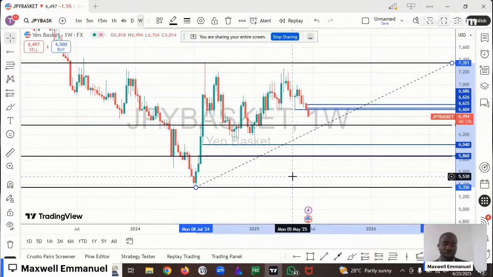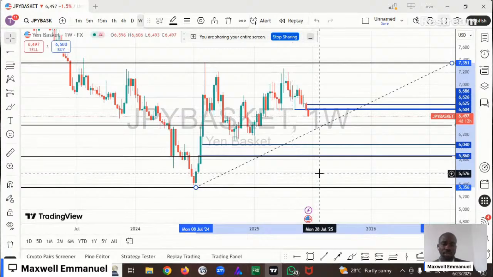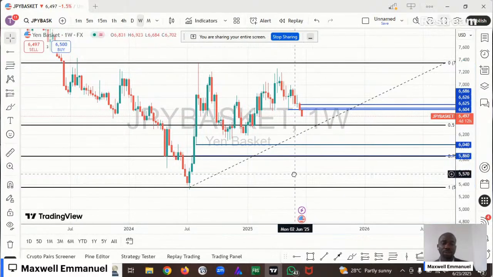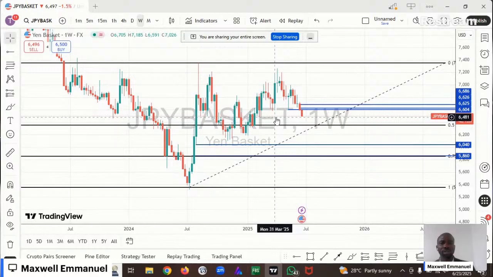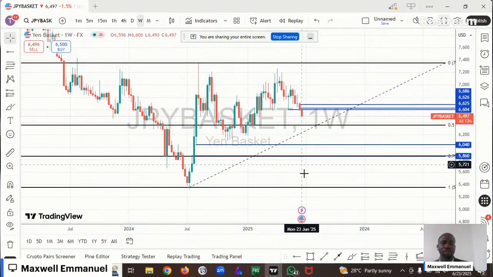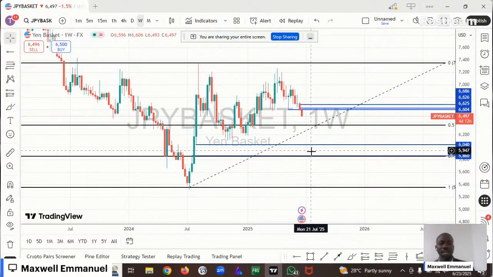So GBP JPY pairs should be bullish at the moment. If you look at GBP JPY, Euro JPY, CAD JPY, all JPY pairs are bullish, and that's because yen has been bearish since the market opened. I think yen is going to drop to this fair value gap before going bullish. So if you are considering buying yen, you should wait for price to fill this fair value gap.